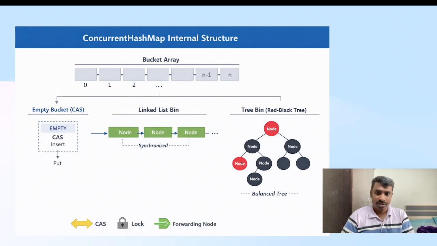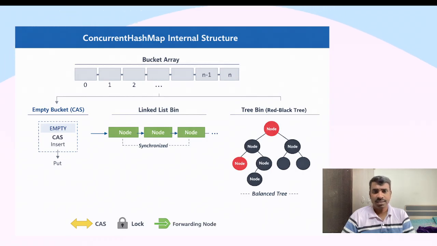Once that threshold is reached, it will be converted into a red black tree. Why a red black tree? It is log n time complexity, while linked list is n complexity. If the linked list is pretty big, n also will be big, right? That's why we are converting to a tree bin, so we will get log n complexity.